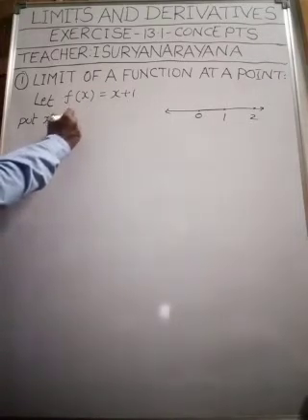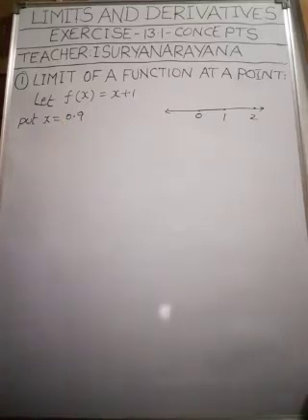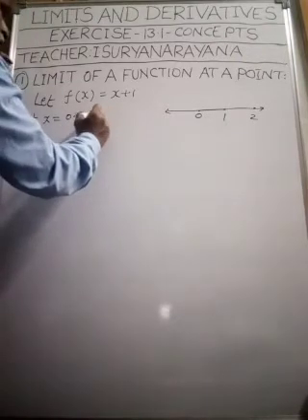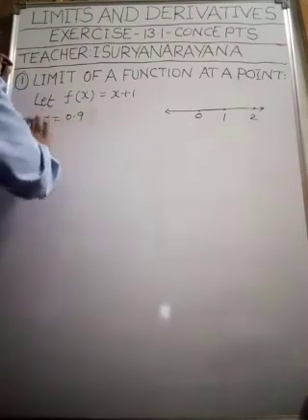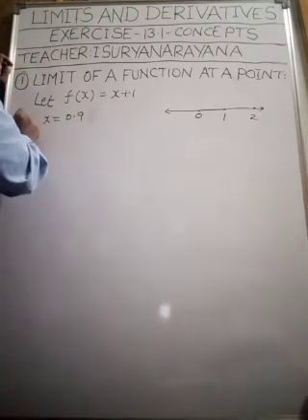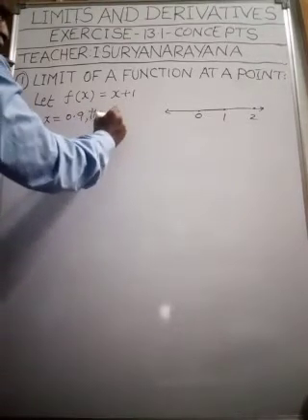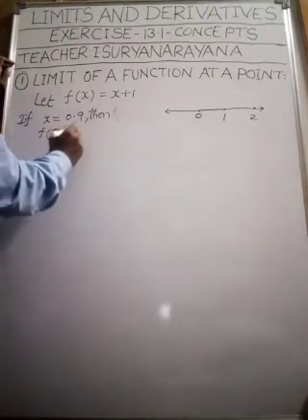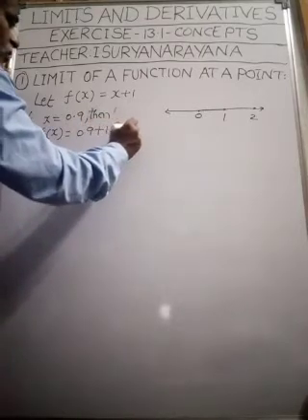So 0.9, put 0.9 in f of x. Then what will you get? f of x is 0.9 plus 1, that is 1.9.